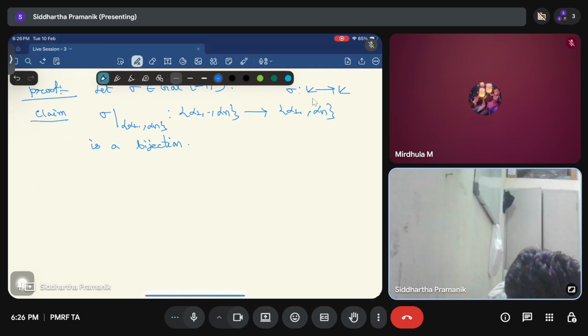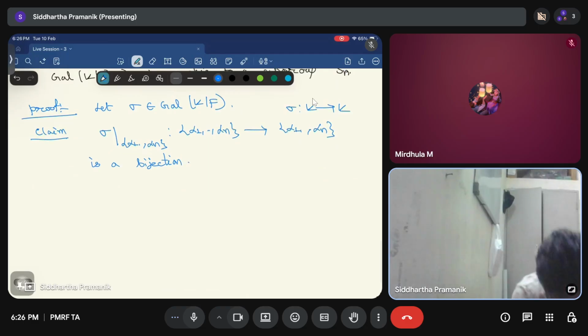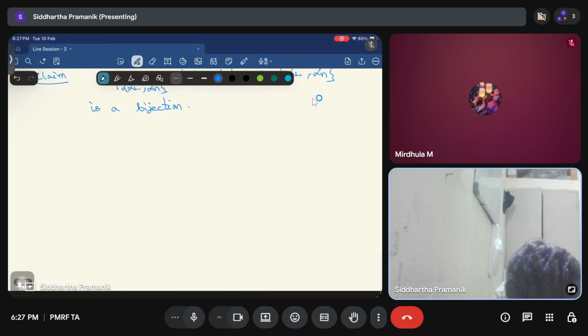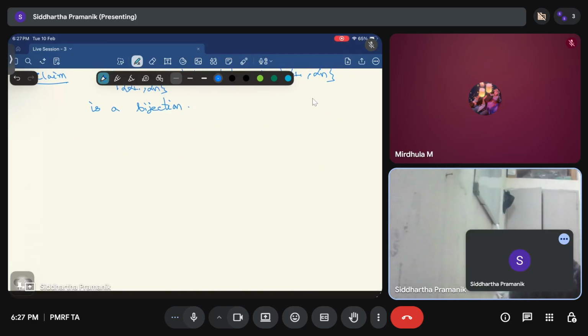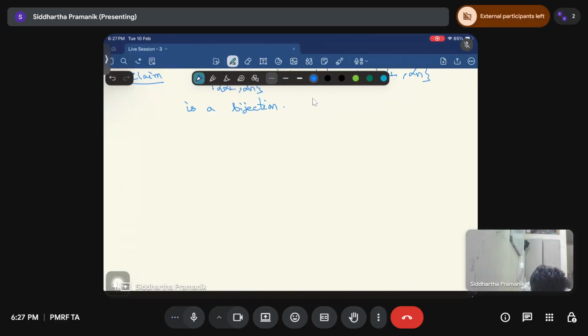So note that we know f(alpha i) is 0. So what about sigma of f(alpha i)?